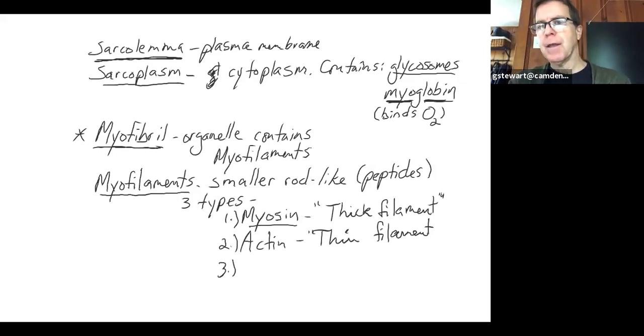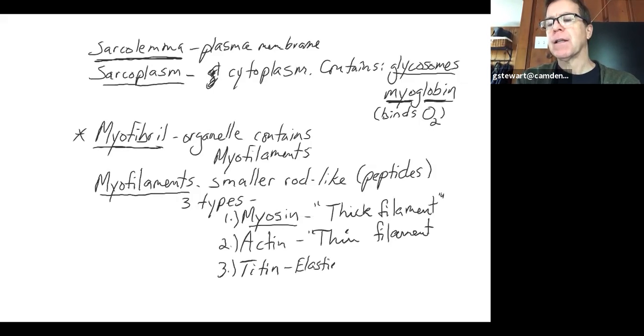Its name is titin, T-I-T-I-N, and it's known as the elastic filament. Remember, elastic allows for recoil, whenever you see that word. That's actually how a cell is able to snap back to its original size or its original length. So we're building a dictionary here, okay?